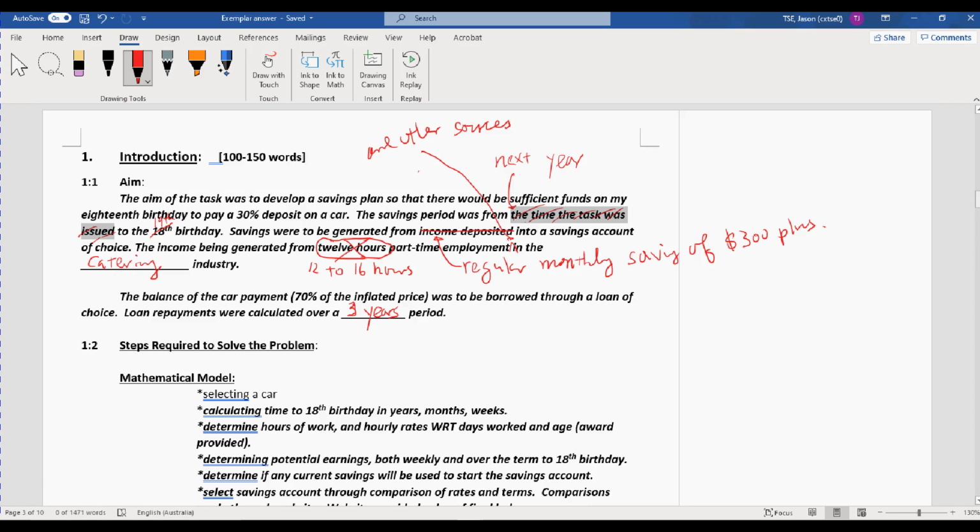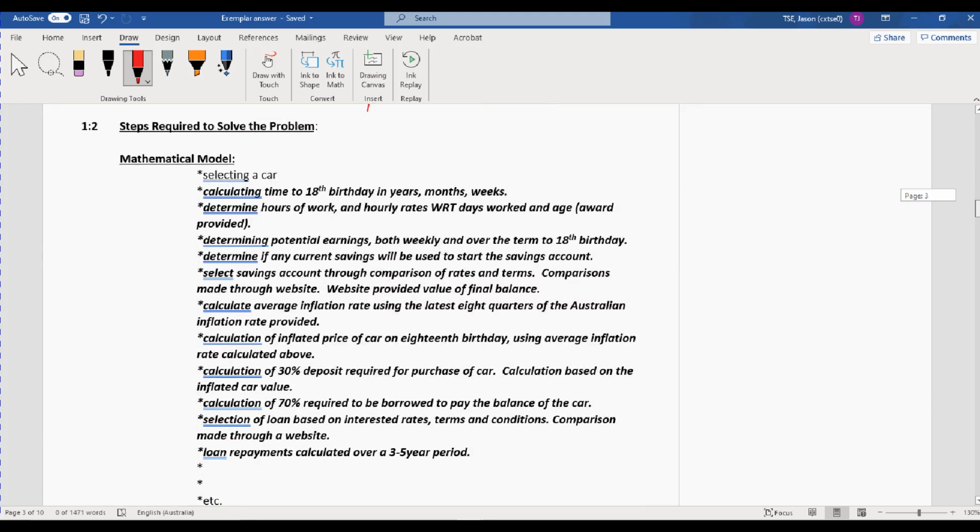Okay, so that's the first part, which is the aim of this assignment. All right, the second part of the introduction is the steps we take to solve the problem. Here you need to be very careful about what really happened in your work.